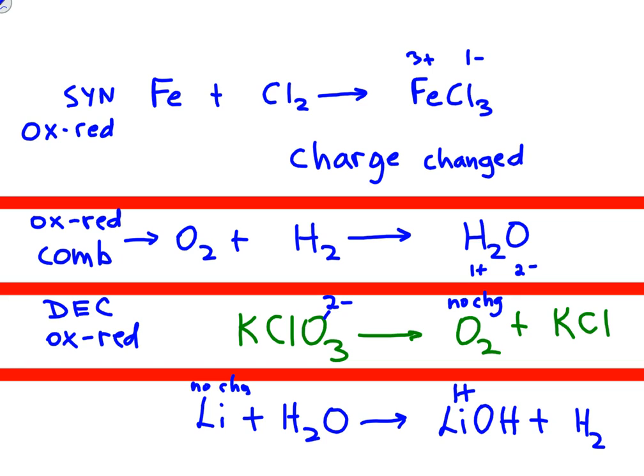It's all alone. Hydrogen. Hydrogen and hydrogen. That's the way hydrogen travels around in nature. Okay? So we know that this is what? Charges have changed. Oxred. And what else is it? Single replacement. Excellent. How about that, huh?